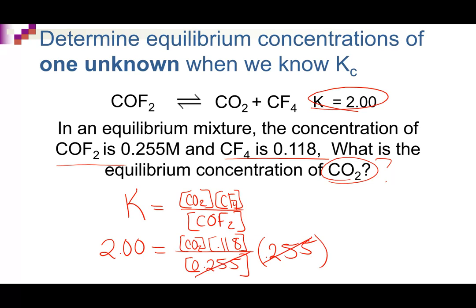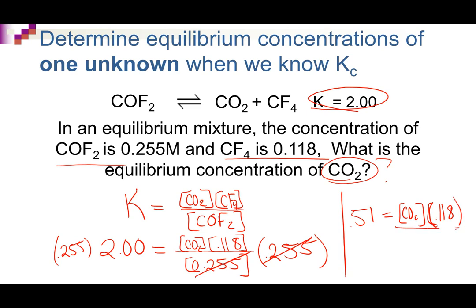Whatever I do to the right side, I also have to do to the left side. So multiply by 0.255. Clean up the left-hand side: 0.255 times 2 equals 0.51. And then now we're left with carbon dioxide times 0.118.